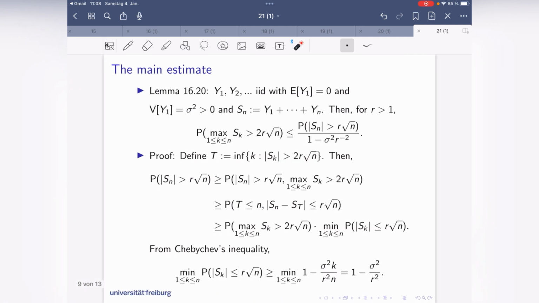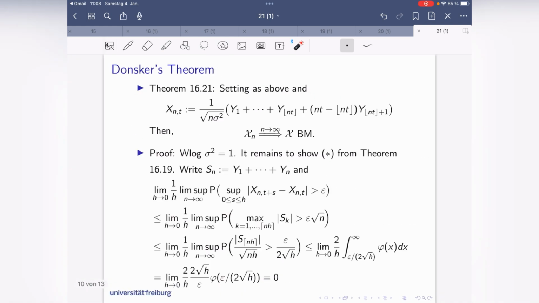No, wait, I have an n here and a square root of n here, so I would have to write an h here and an h here. And h is going to 0.